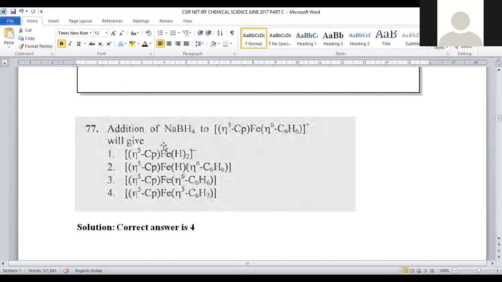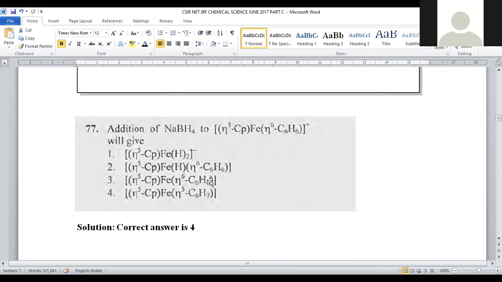So charge will not be present on the complex. Charged complexes will be discarded from the options. And one hydrogen should be increased. Here the complex remains the same, no change, that's why not correct. Completely replacing benzene is also not correct.